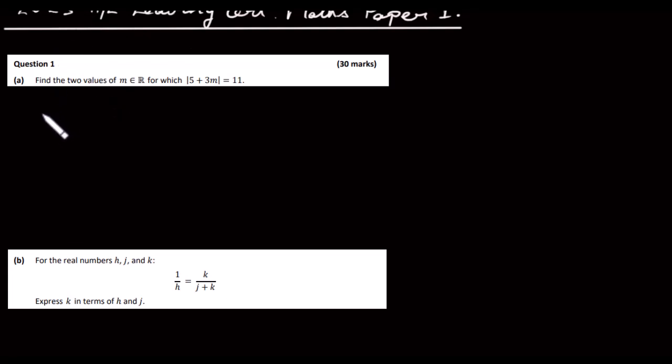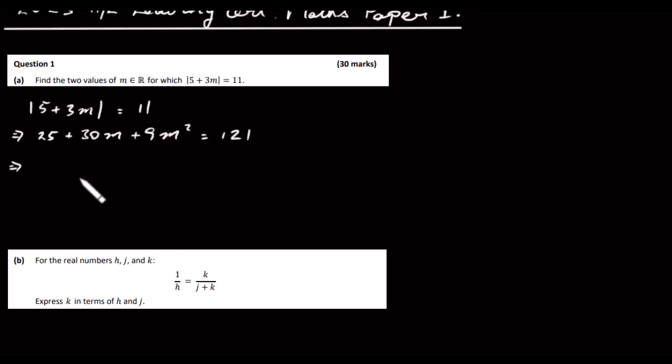First way is we can square both sides, so let's have a look at doing it that way. So you've got 5 plus 3m equal to 11. So if we square the left hand side, that'll give us 25 plus 30m plus 9m squared is equal to 121. It's a quadratic trinomial, so let's bring everything over to one side.